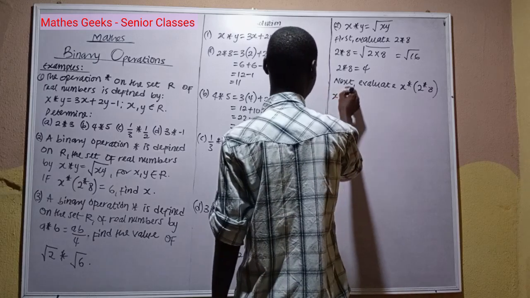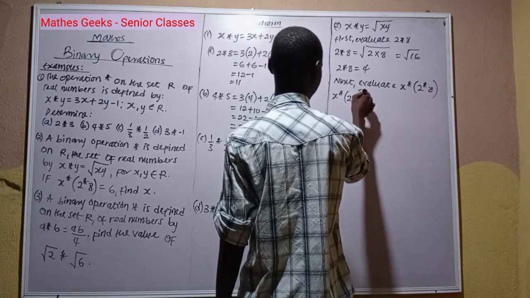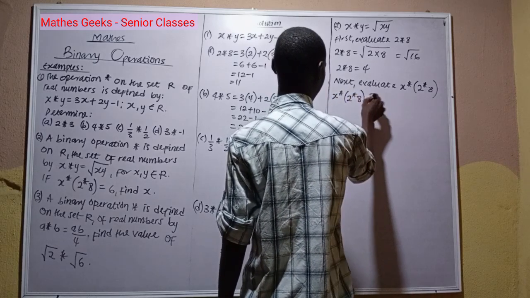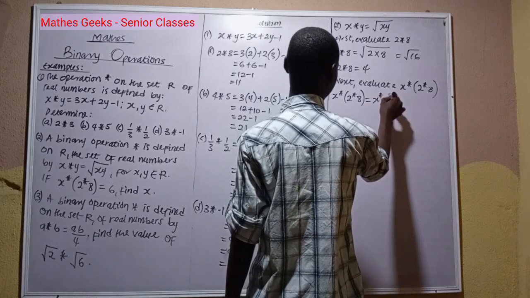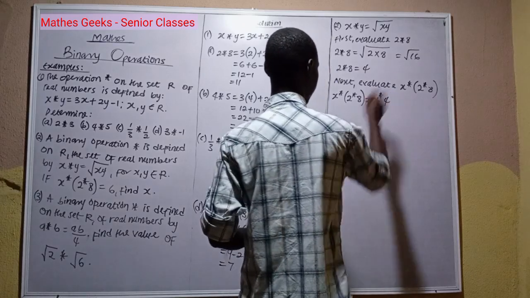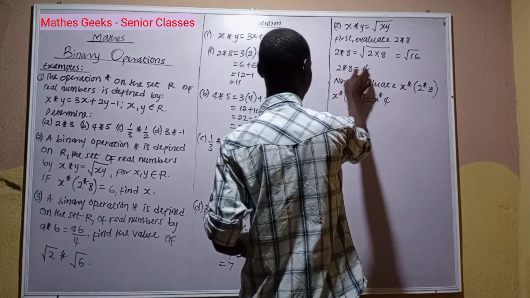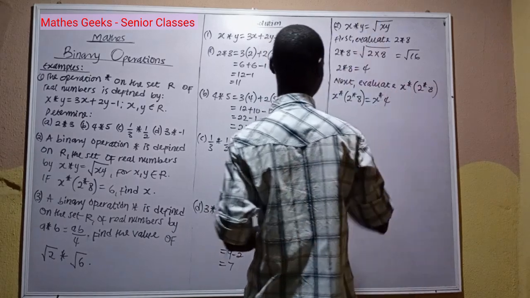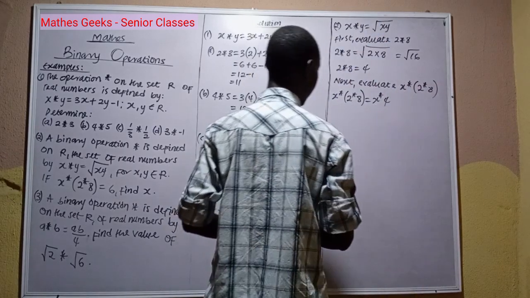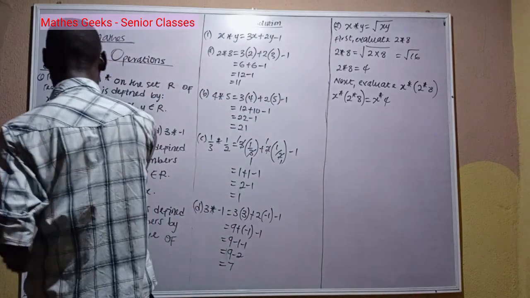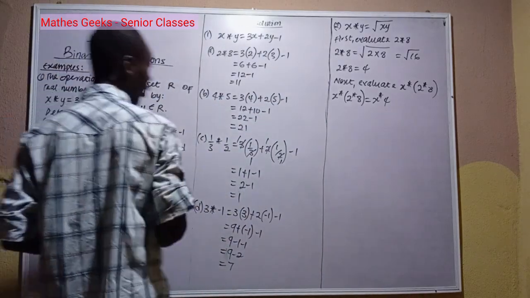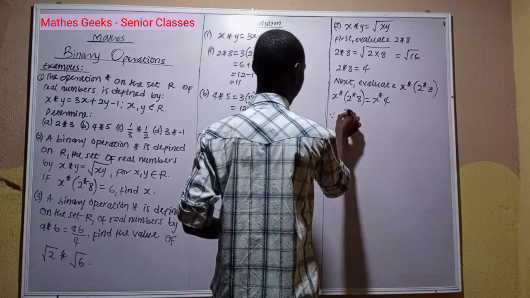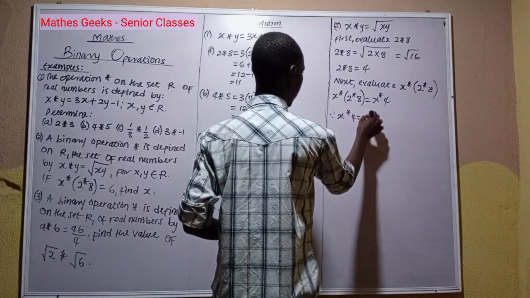So x star 2 star 8 is equal to x star 4. This 4 is the value for 2 star 8, taking the place of y. The question says x star 2 star 8 is equal to 6, therefore x star 4 equals 6.